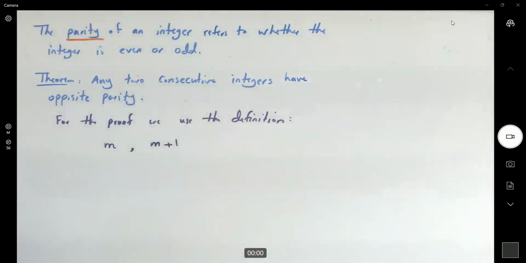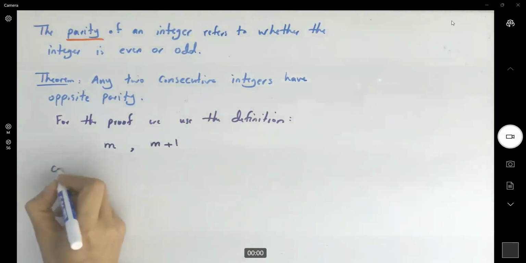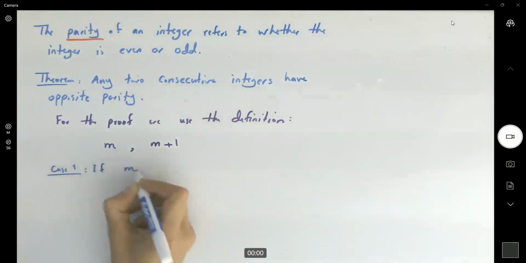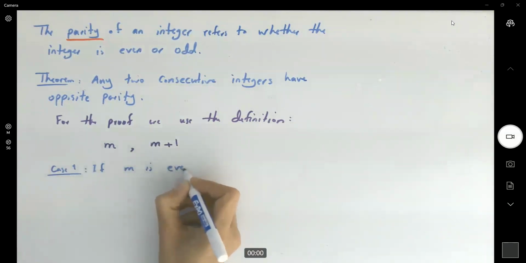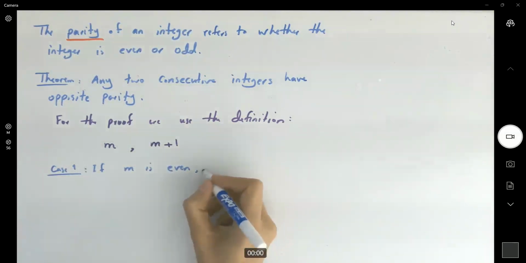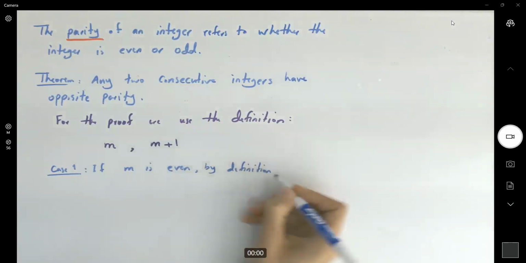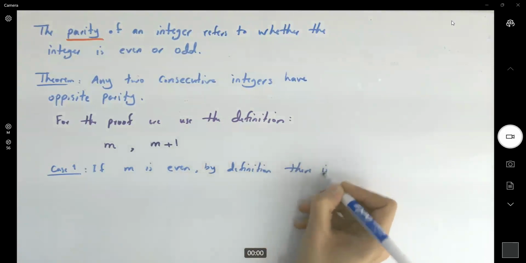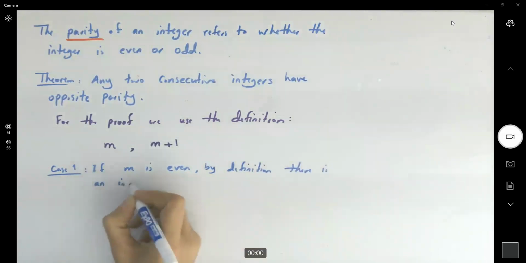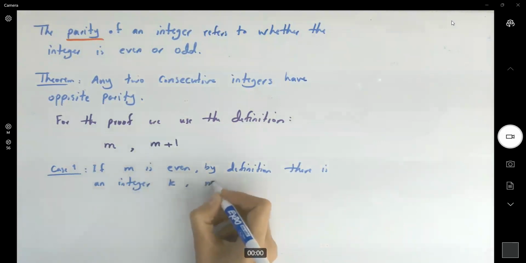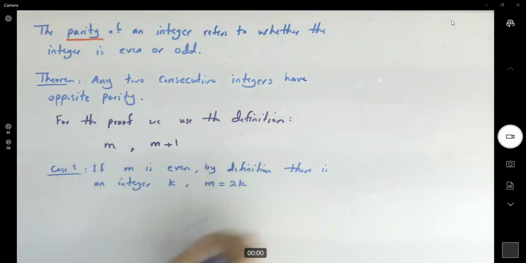Case 1. If m is even, it means that by definition, there is an integer, or some integer k, such that m is equal to 2k.